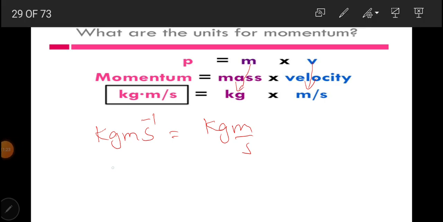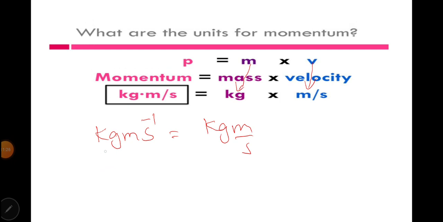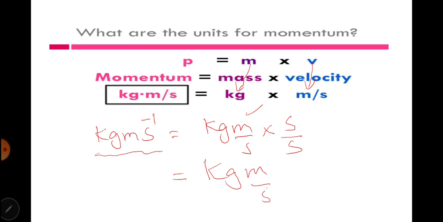As we know the unit of momentum is kilogram meter per second, we have to express it in terms of the unit of force. So kilogram meter per second can be written like this: multiplied by second and divided by second. So it can be written as kilogram meter per second square, and here you write second.